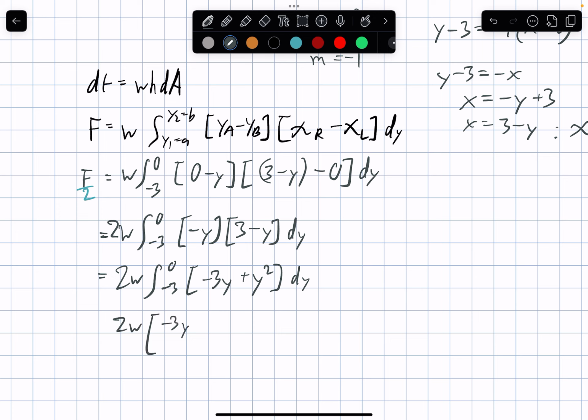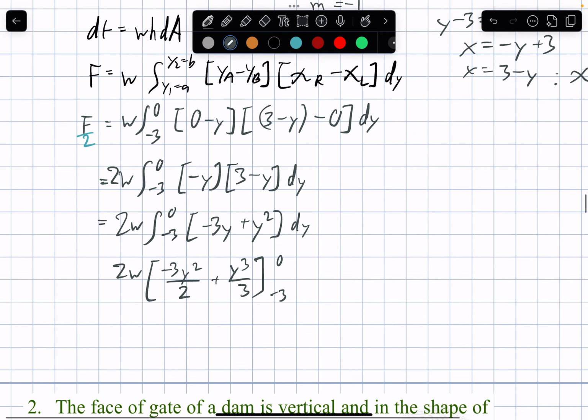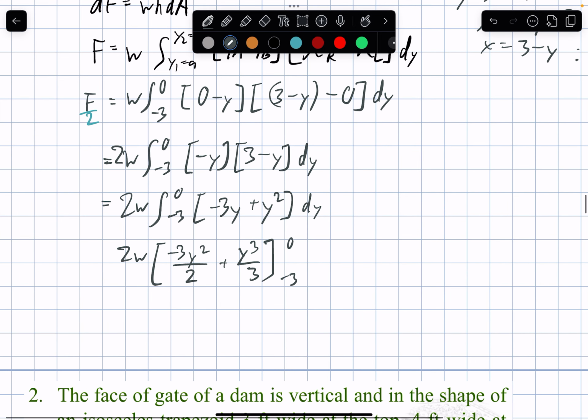Y raised to 2 over 2 plus y raised to 3 over 3. Easy. Integration is easy. It is just the analysis aspect that is not easy.